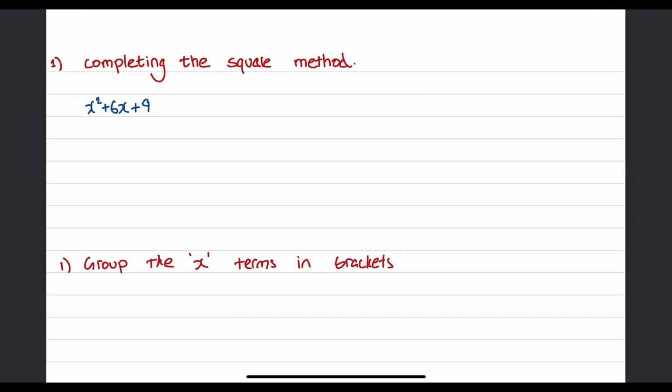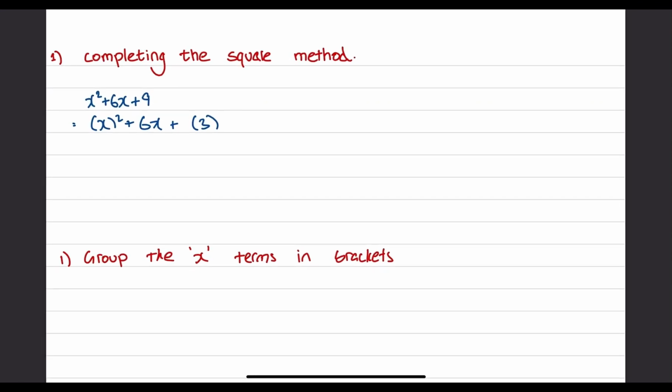Now if I write this as x squared plus 6x plus 9, where 9 is the perfect square of 3, we can see that this quadratic takes the form of the a squared plus 2ab plus b squared identity.